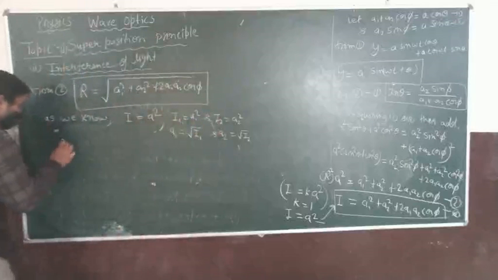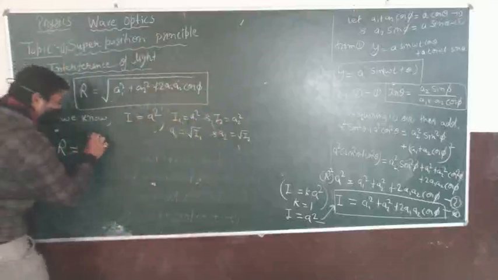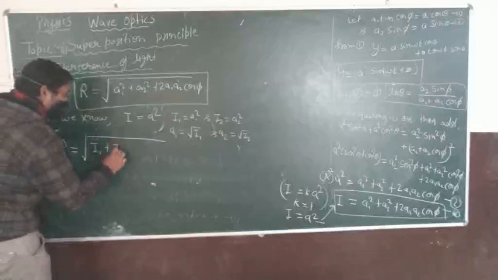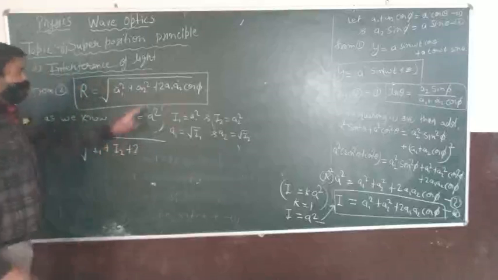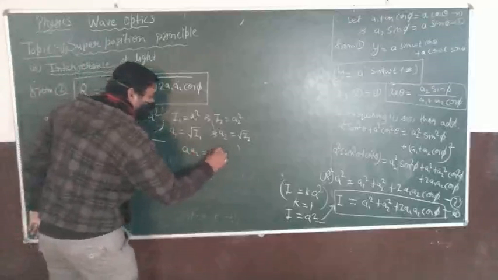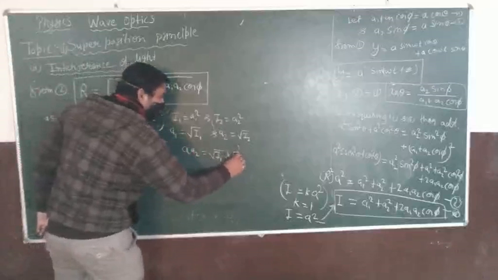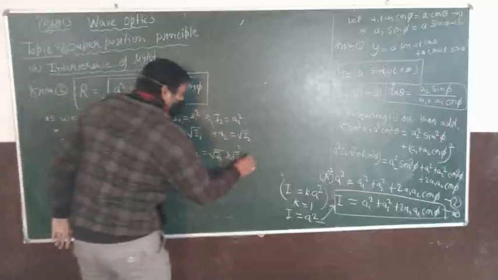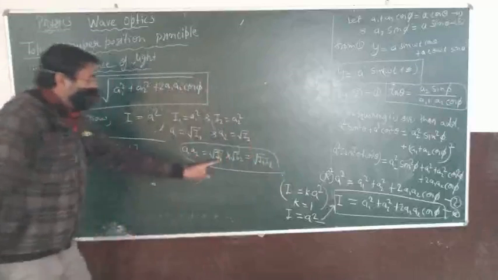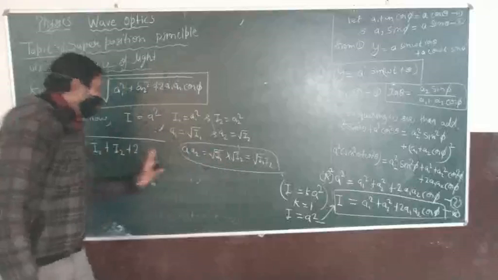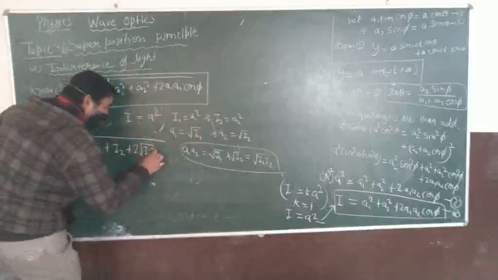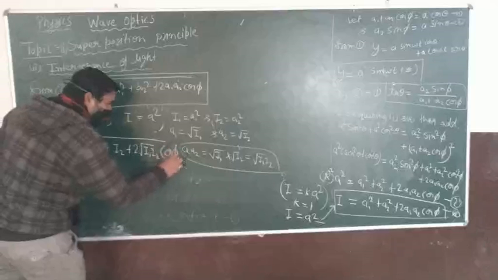Now this R is equal to I1 plus I2 plus 2. Here, when we multiply A1 A2 we get the result under root I1 into under root I2, which can be written as under root I1 I2. So this multiplication of A1 A2 is replaced with under root I1 I2 cos phi.